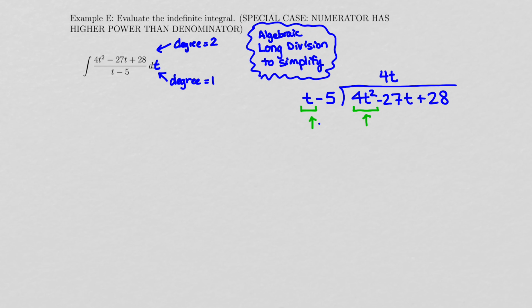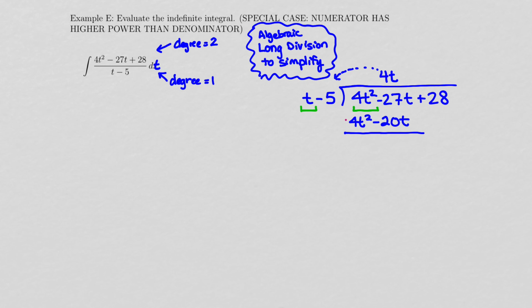And now we multiply, right? We take that and multiply it through, both to the t and to the minus 5. What's that going to give us? 4t squared minus 20t. And then what's our next step when we divide? We now subtract.